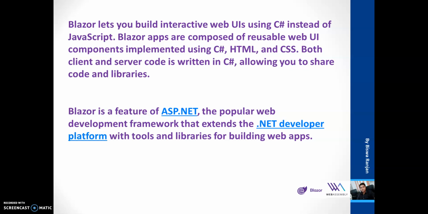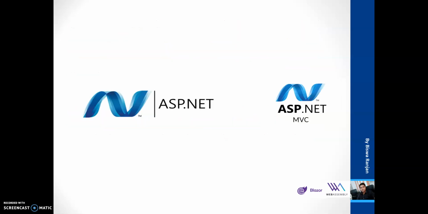Okay, so why Blazor? We have numerous UI frameworks. If we go with Microsoft, it came with traditional full stack development with ASP.NET and MVC. But what happened in ASP.NET and MVC?